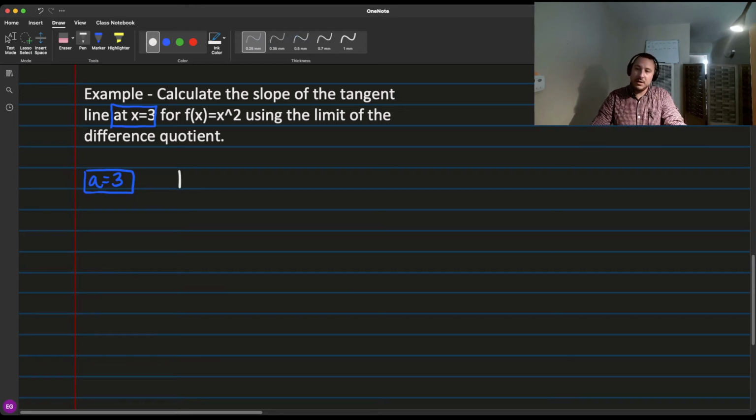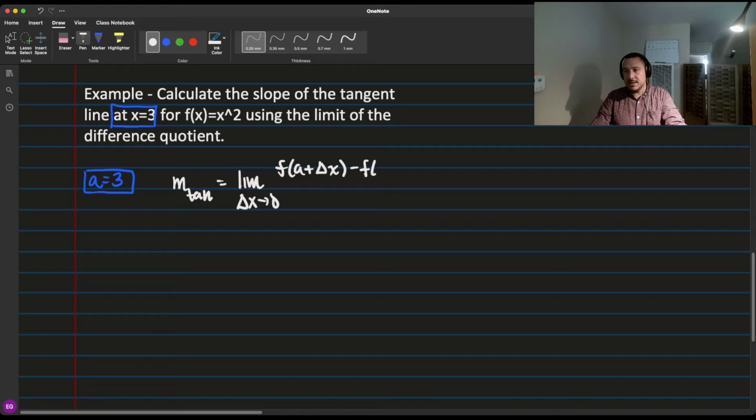So remember, the way we find the slope of the tangent line at a is by taking the limit as delta x goes to 0 of f of a plus delta x minus f of a over delta x. So your first order of business is to plug in your a value.